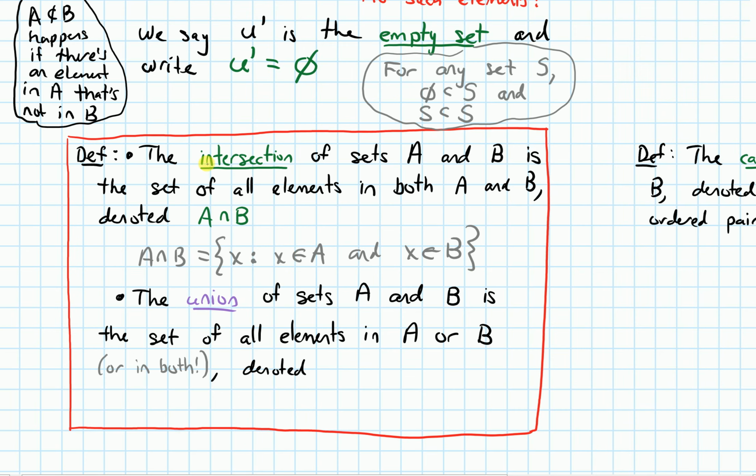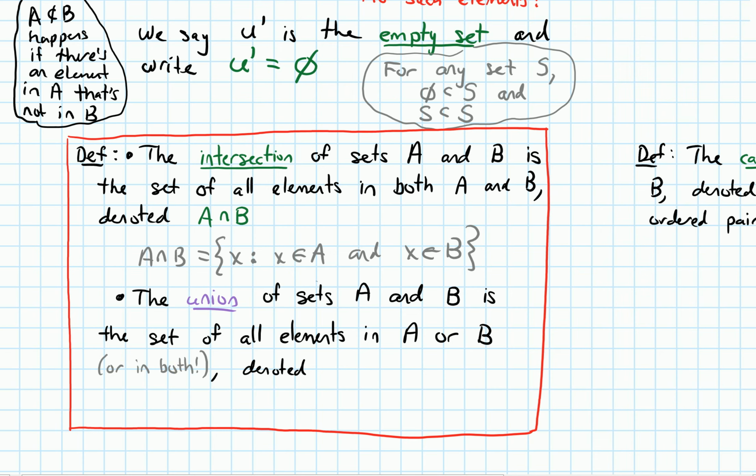So the word intersection refers to the English word and. You got to be in the first set and the second one to be in the intersection. Okay, the union of sets A and B is the set of all elements that are in A or in B or in both.